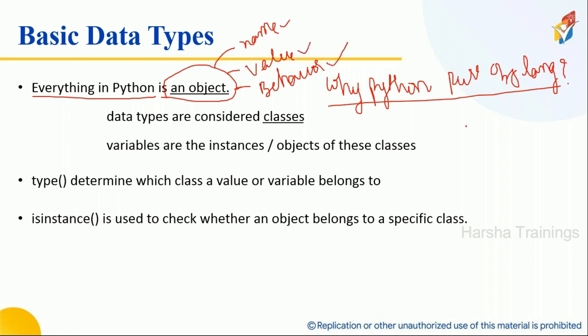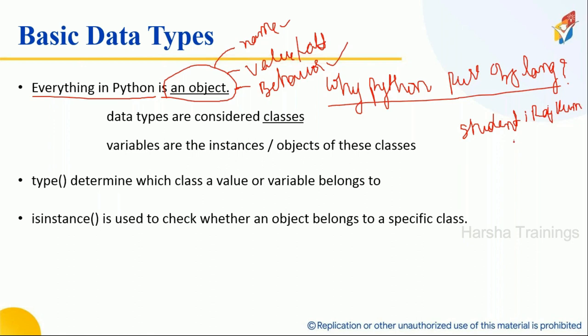Shall I take a small example? Let us take a student object. My student's name is Rajkumar, currently one of the students of this Python class. Rajkumar has some values, also called attributes.